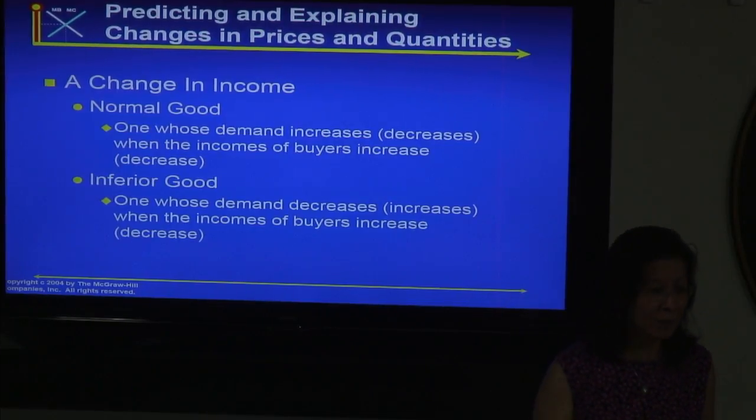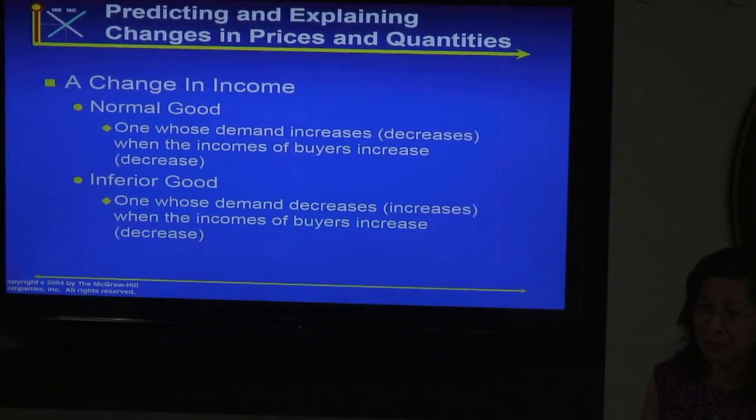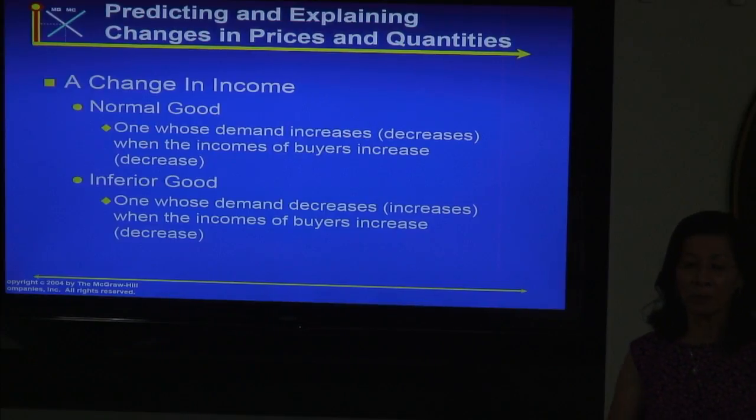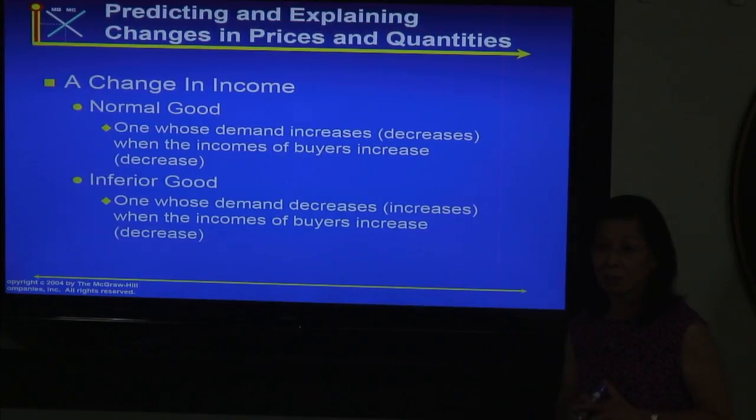Do not cook ramen in your dormitory and serve your mom and dad when they come by to visit. Don't do that, because we call it an inferior good. If your income doesn't go up, never mind. Eat all you want, 40 packs a week. Be my guest. But if your income goes up, you might consider ramen noodles to be an inferior good.